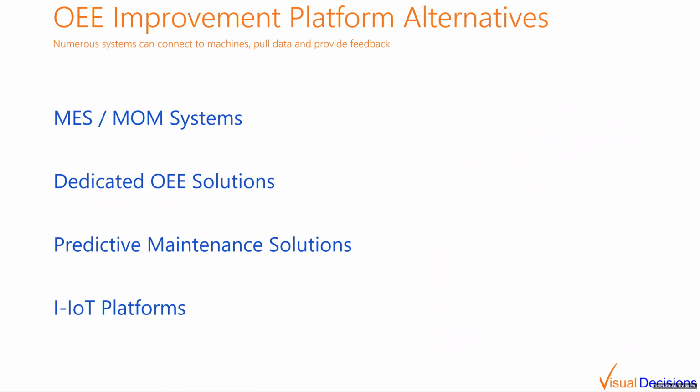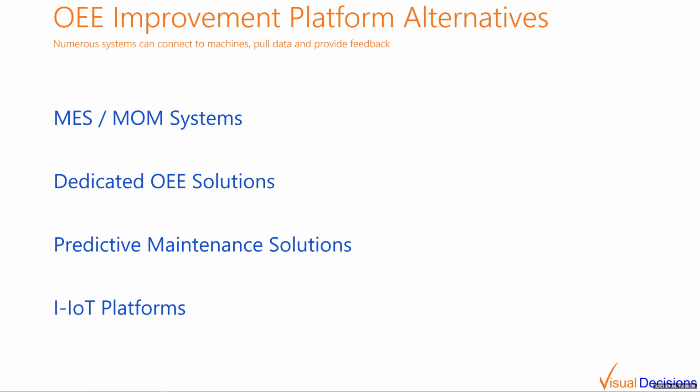There are a lot of different improvement platform alternatives for improving OEE. MES or MOM systems are very prevalent in the improvement of OEE, and gather a tremendous amount of information from the shop floor to make that possible.